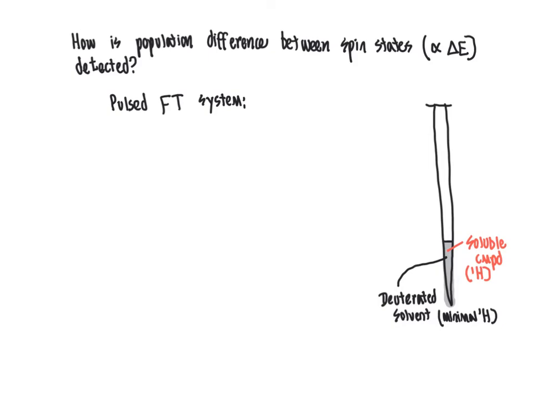So this NMR tube is placed into the magnet, and what happens is that the sample that you have placed in this NMR tube is placed into the magnetic field, and there is a strong pulse of radio frequency.